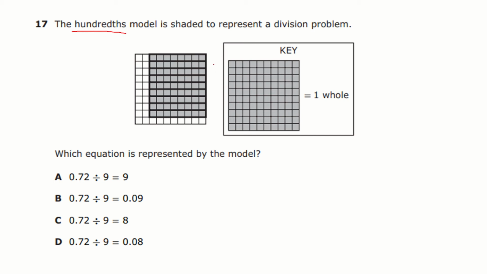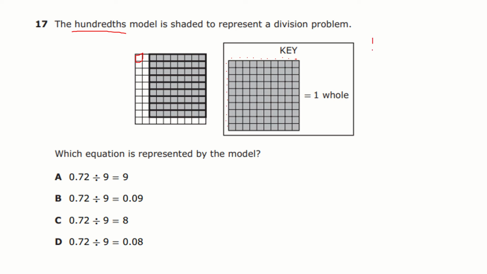Hundredths means that each one of these small blocks shown here represents 1 out of 100, since we have 10 horizontally and 10 going up and down.